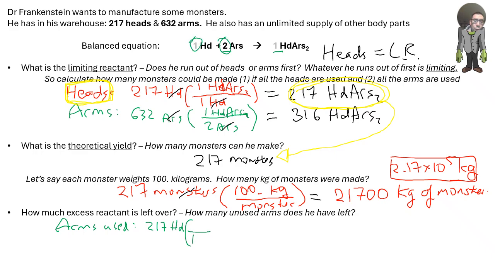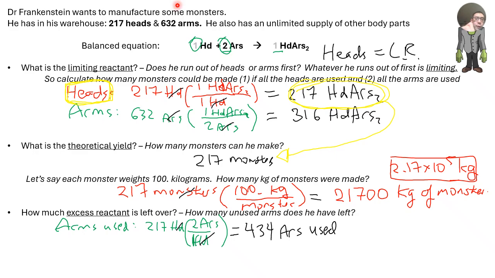So one head requires 2 arms. The heads and the heads cancel, and we get 434 arms used. Okay, so we used 434 arms.